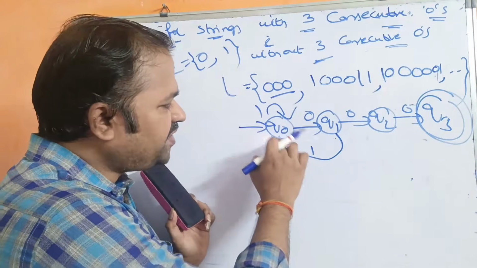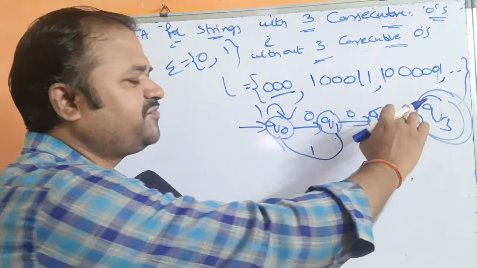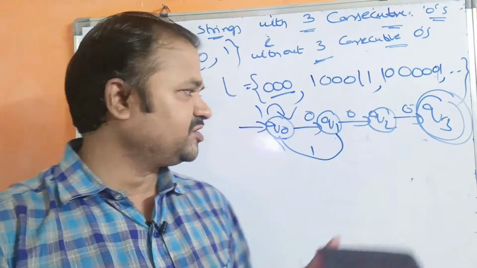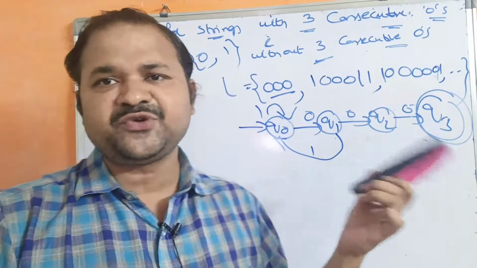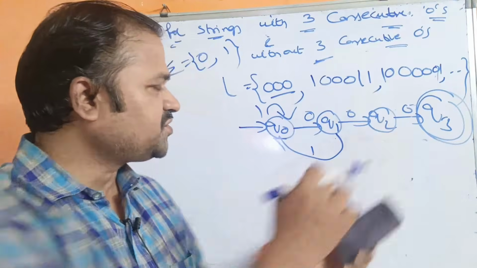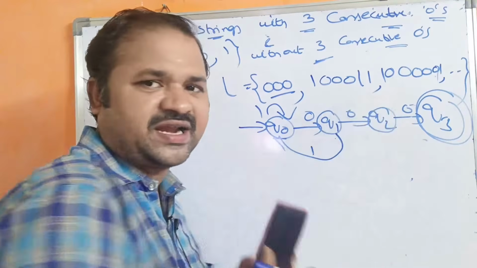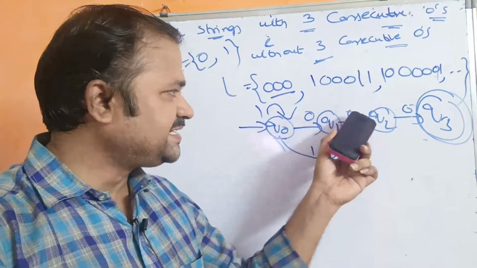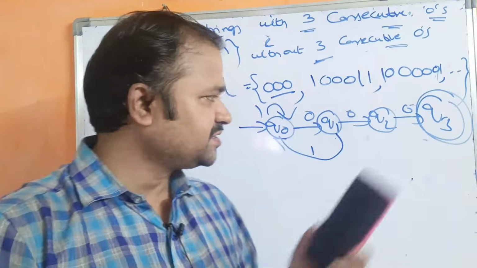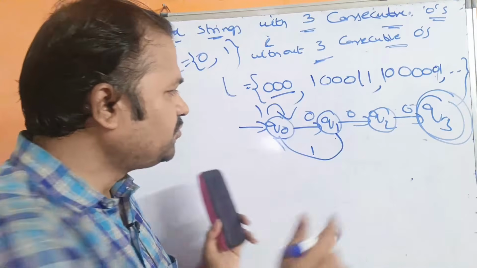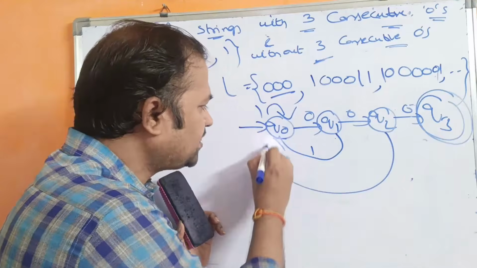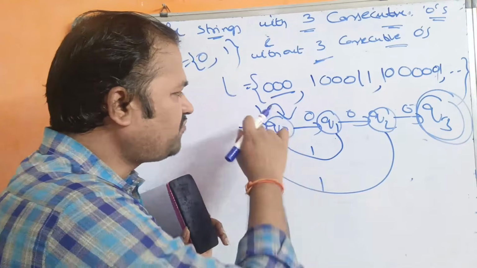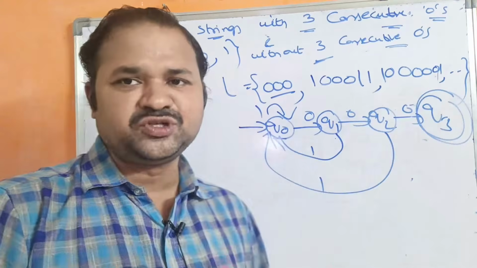Why? Because after 1 there is a possibility that we may have 3 consecutive zeros. Next on Q2 we need to apply 1. Here also we can't apply a self transition, because these 3 are the consecutive zeros. So if we apply 1 on Q2, then we need to go to the starting state, because after this one we may have multiple zeros.